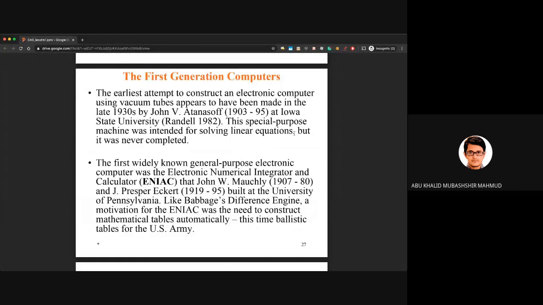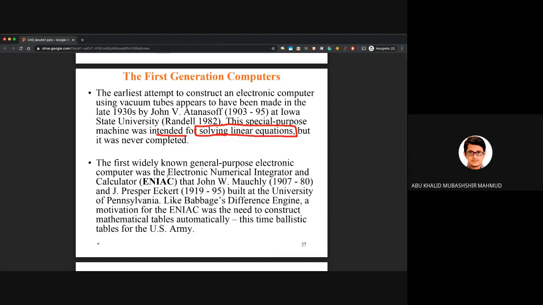From our scientific perspective, what we aim to produce or experiment sometimes ends in failure. But what we learn from these trials is what the problem is and how to solve it. So the attempt by John V. Atanasoff was the first ever known machine that tried to solve linear equations, but it was never completed.